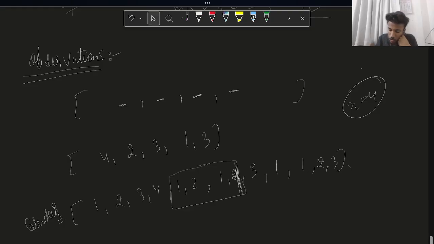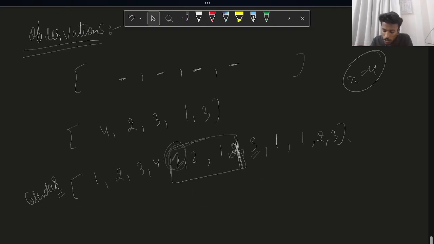Do you think it is ever optimal? You visited one, so from here you got only one contribution, correct? But you missed out on this three contribution. So if you see carefully here, it is always optimal to start from the last date of some month.